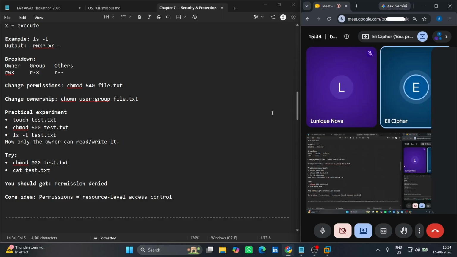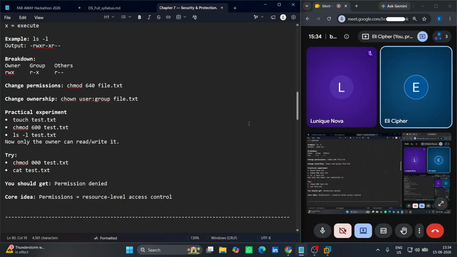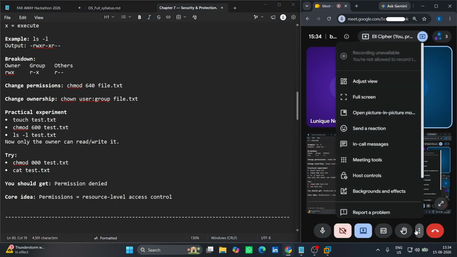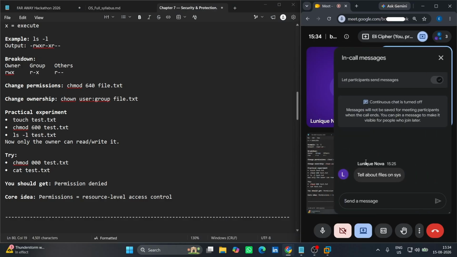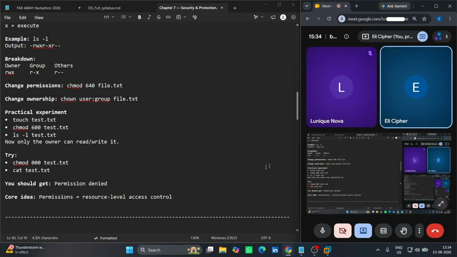Do you remember which command this is? What is that command through which you can create empty files?